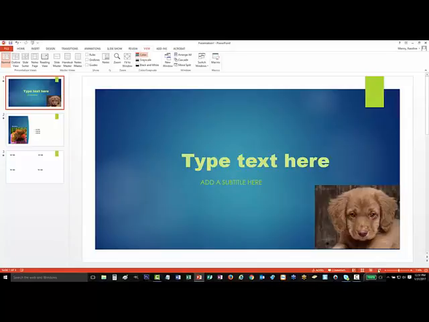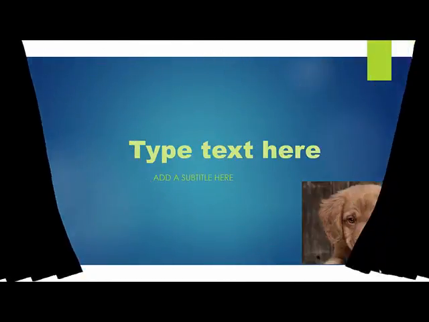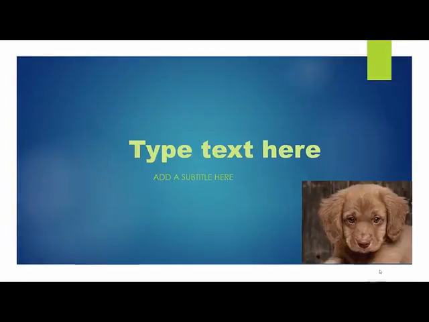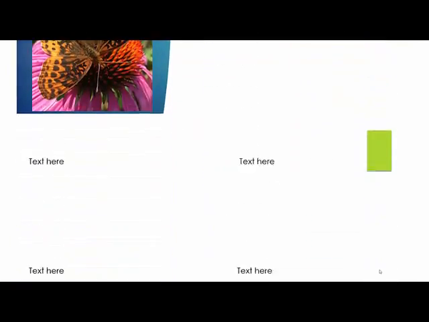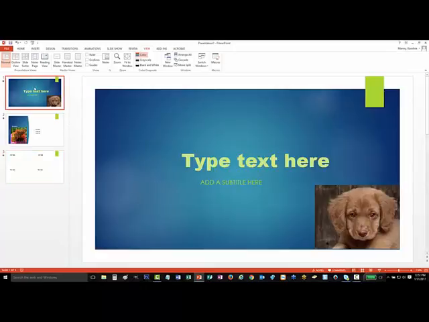Or I can go to the status bar down here and choose the slideshow mode. And it does the same thing. I use the space bar to proceed through the slides until I get to the end, and I use Escape to go back to my editing mode.